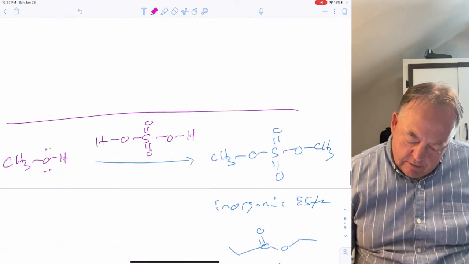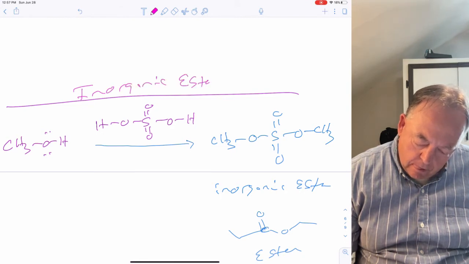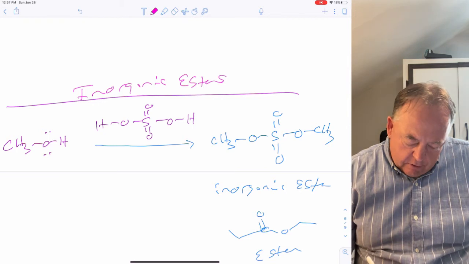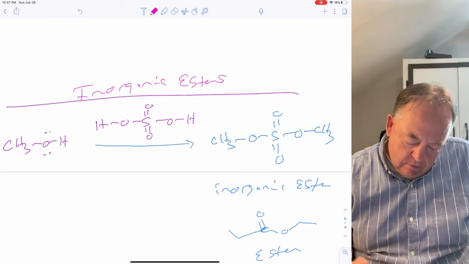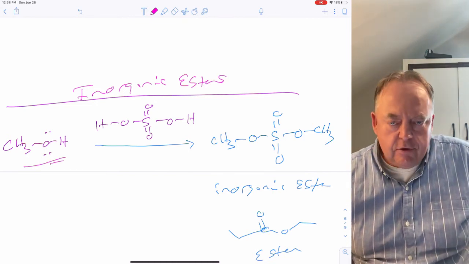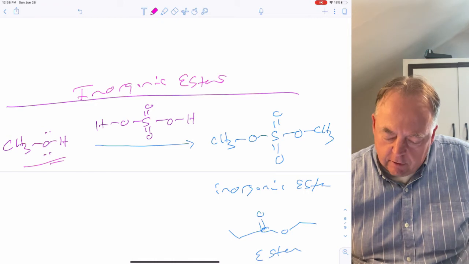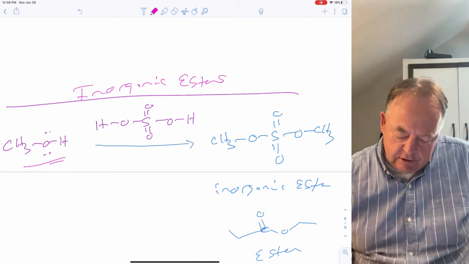Okay, so inorganic esters. So we looked at reactions of alcohols and sulfuric acid before. So not from this particular alcohol, but if you had primary alcohols, they could make ethers, right? Or secondary alcohols or tertiary alcohols could make alkenes through dehydration reactions.